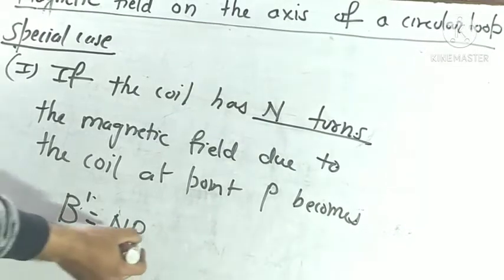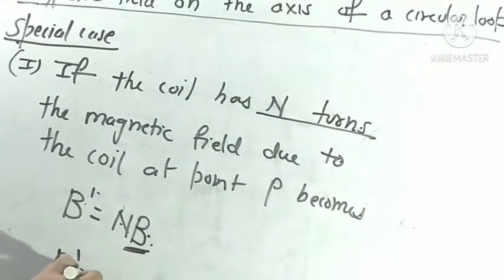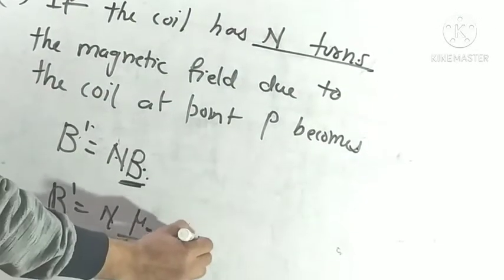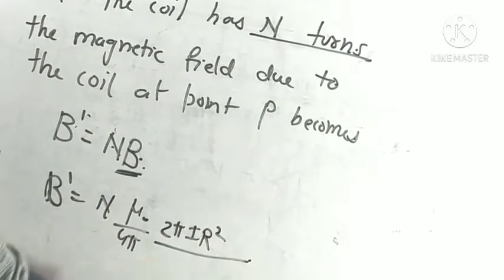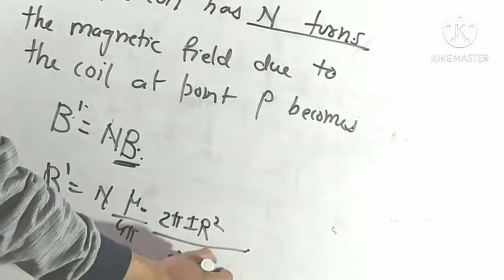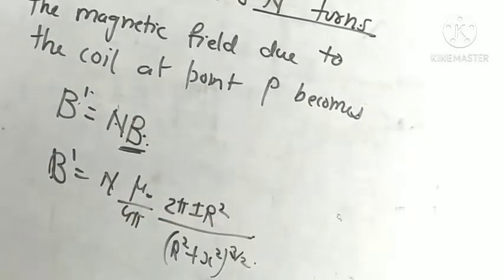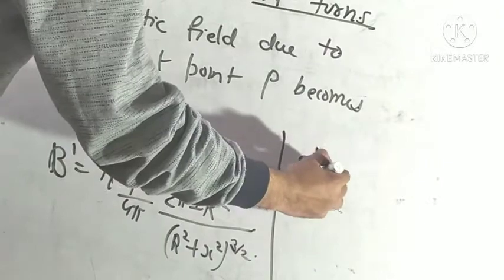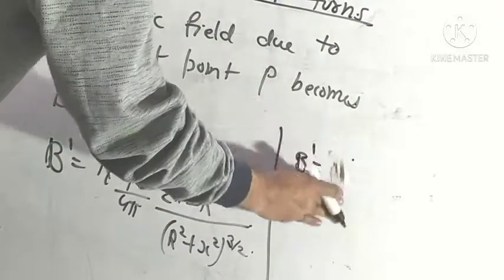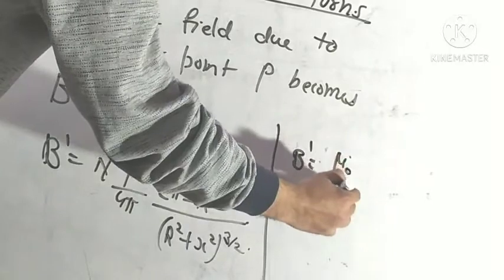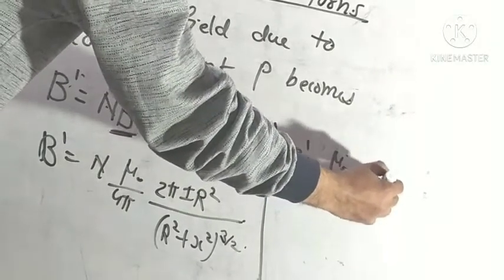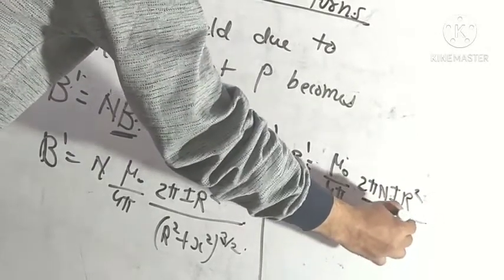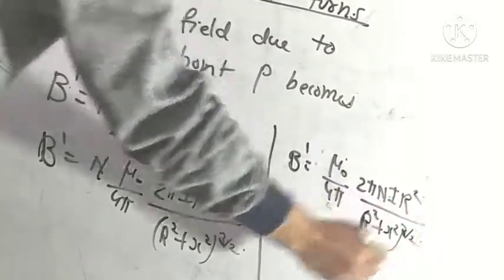and we already know that B dash is equal to N mu naught upon 4 pi, 2 pi I R square upon (R square plus X square) to the power 3 upon 2. So B dash is equal to mu naught upon 4 pi, 2 pi N I R square upon (R square plus X square) to the power 3 upon 2.